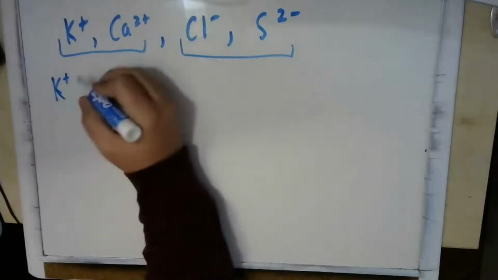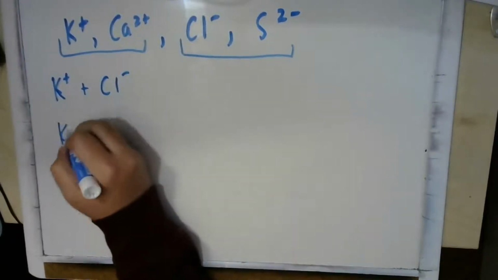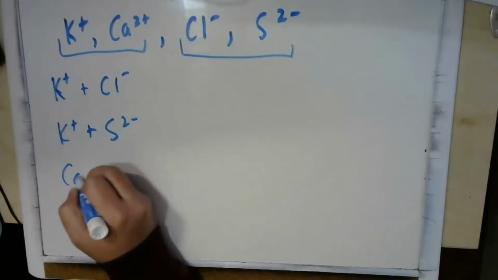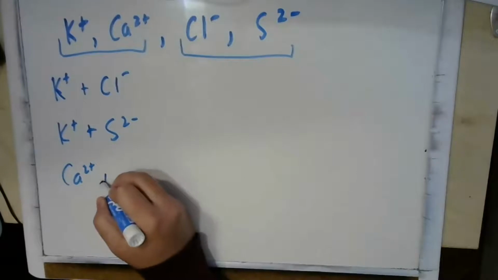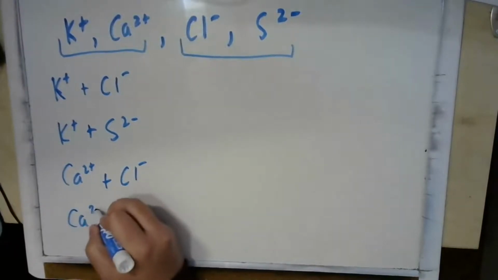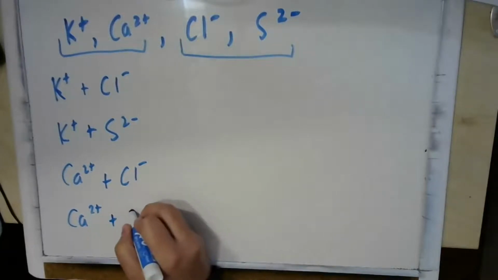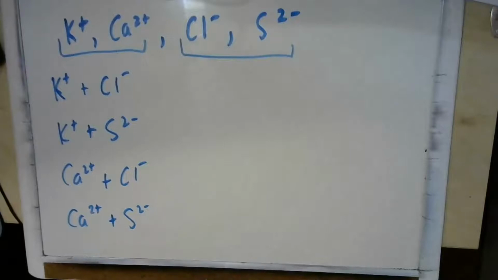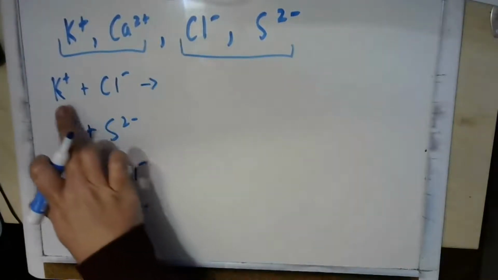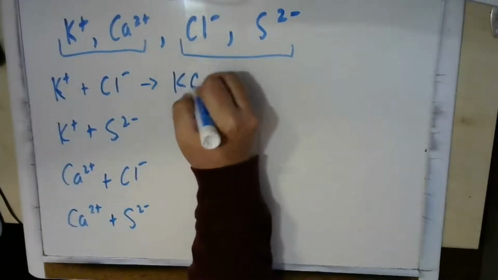All right, so the first thing we can do is write out those formulas. So we have the potassium and a chlorine, a potassium and a sulfur, calcium and a chlorine, and then a calcium and a sulfur. Again, we're forming electrically neutral compounds. So we need one potassium and one chlorine.